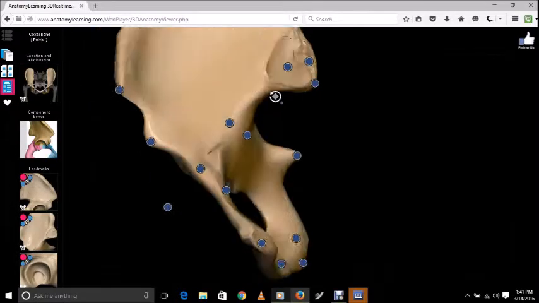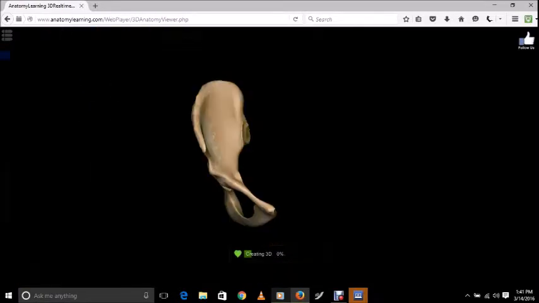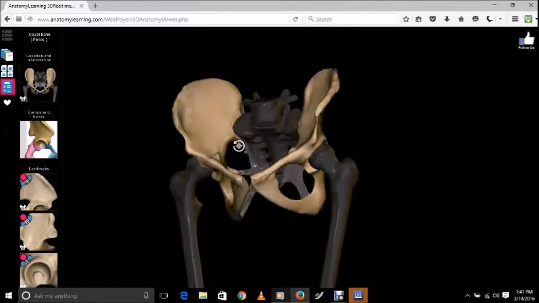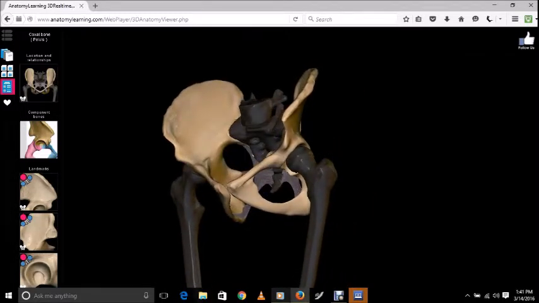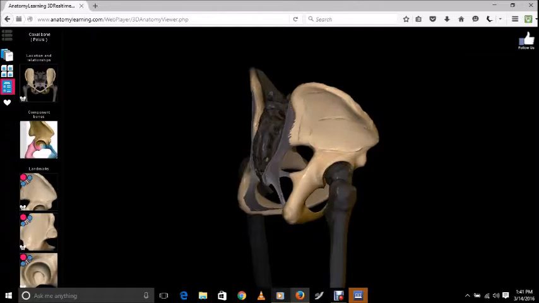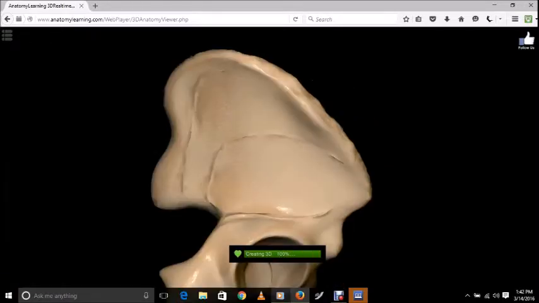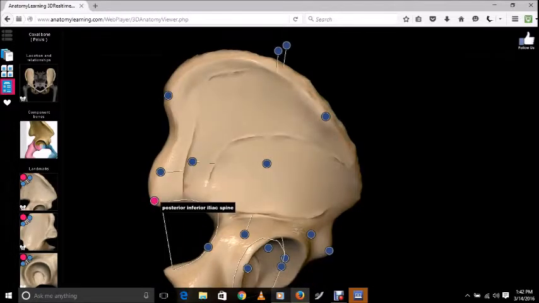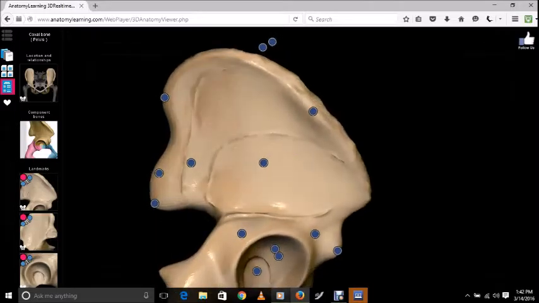So the sciatic nerve sort of protrudes through the sacrum and passes back here through the greater sciatic notch and then runs through. Next, we have the posterior inferior iliac spine and then the posterior superior iliac spine. Notice that they're very similarly named to the anterior superior iliac spine and the anterior inferior iliac spine.